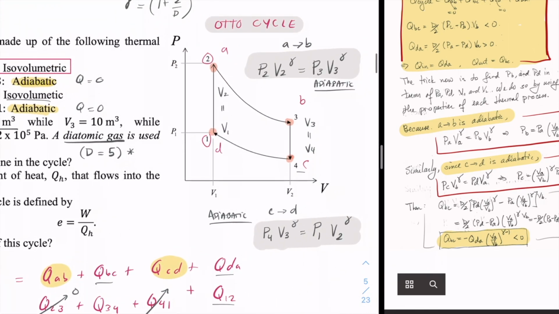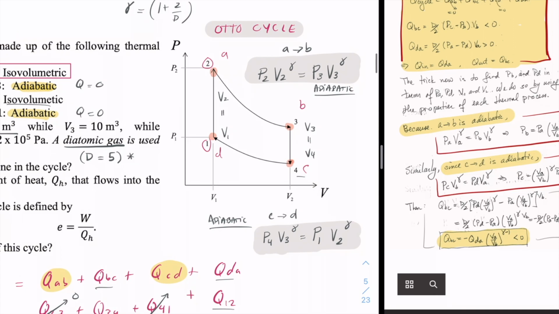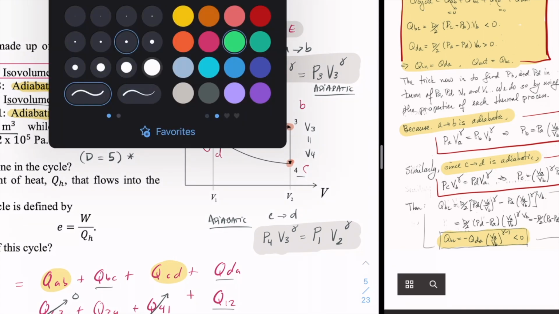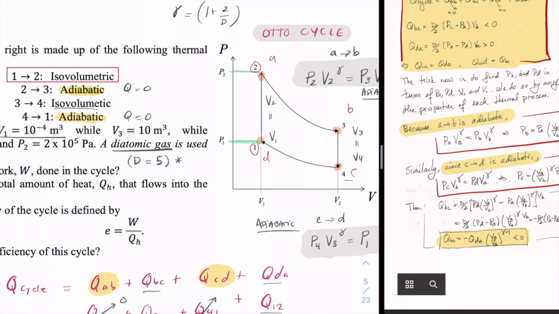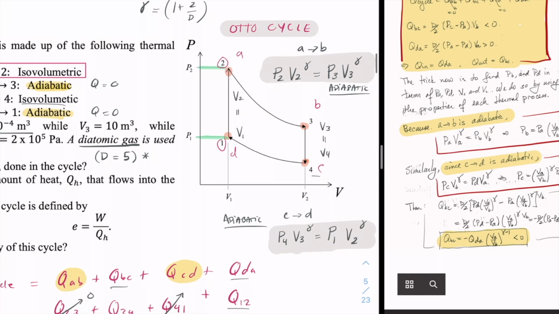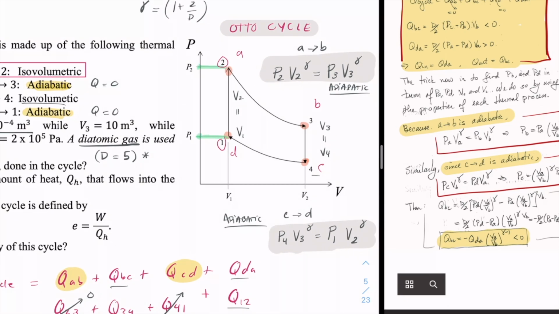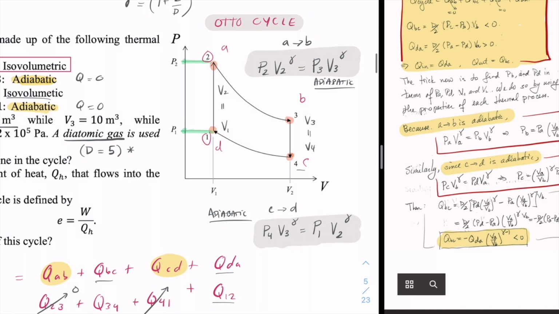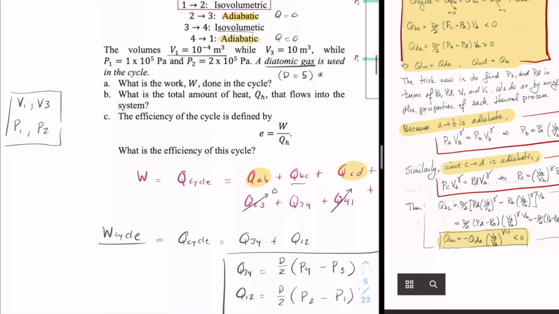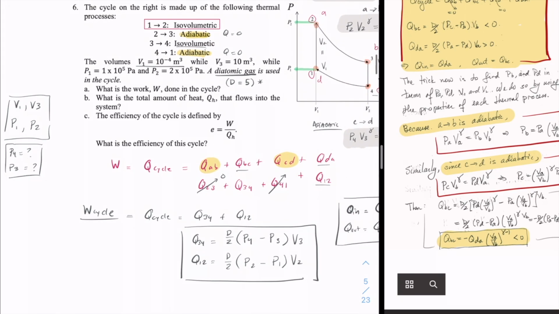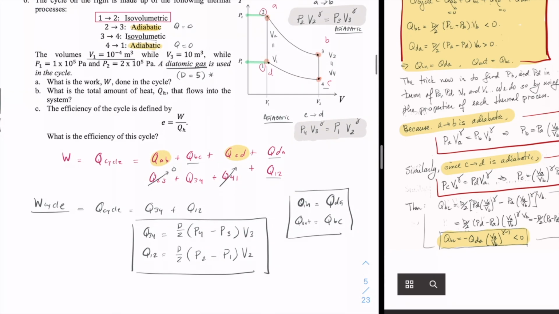Okay, what do I do with the pressures? I have P1, so I have pressure at this point, and then I also have pressure at this point, P2, right? So what can I do with that? Well, I don't know P4 or P3. But luckily, because I have an adiabatic process, I have these equations here.